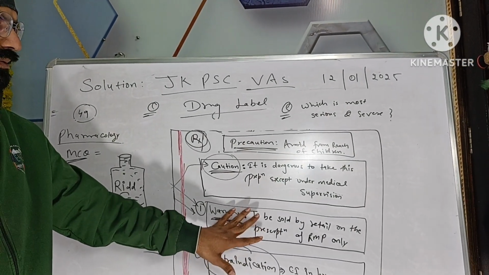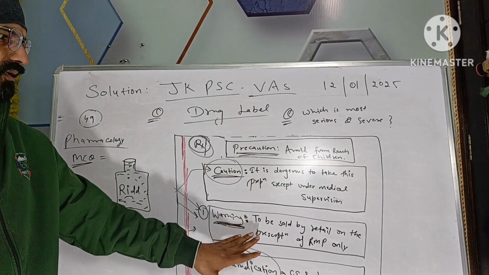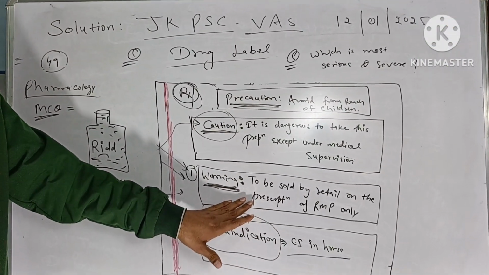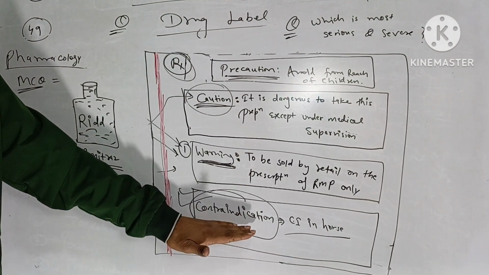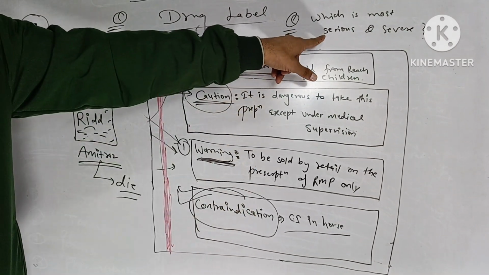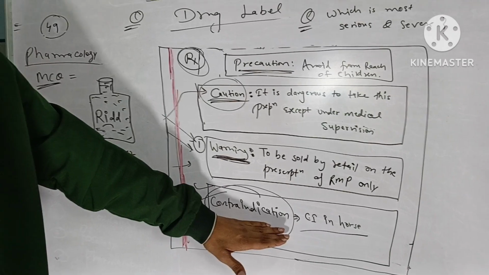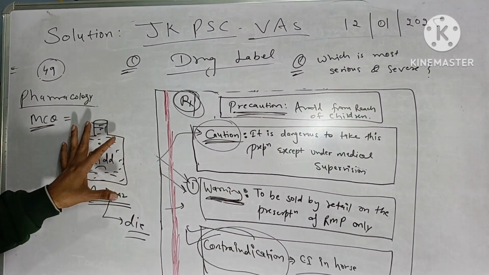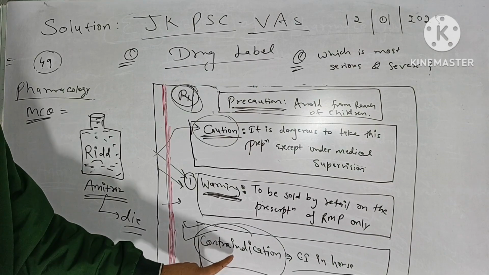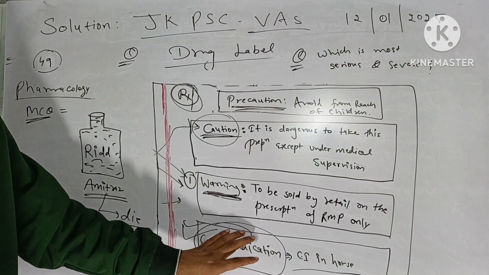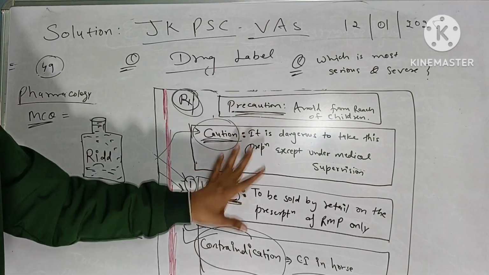Out of these, contraindication is the most serious life-threatening condition if you apply Read or amitraz in horses. So the answer is contraindication. This is the most serious on the drug label.